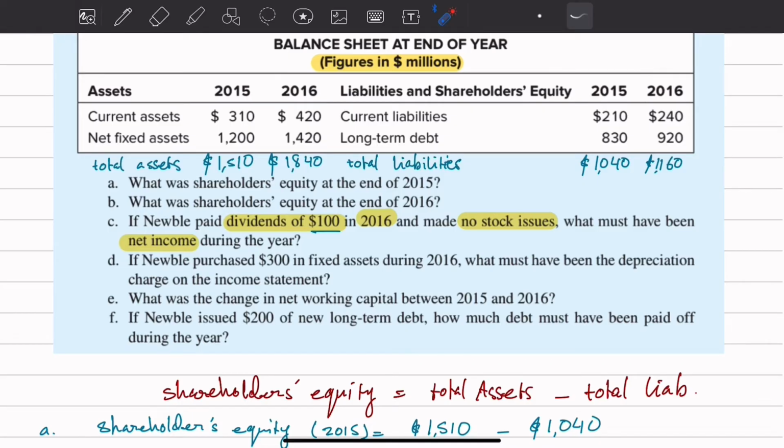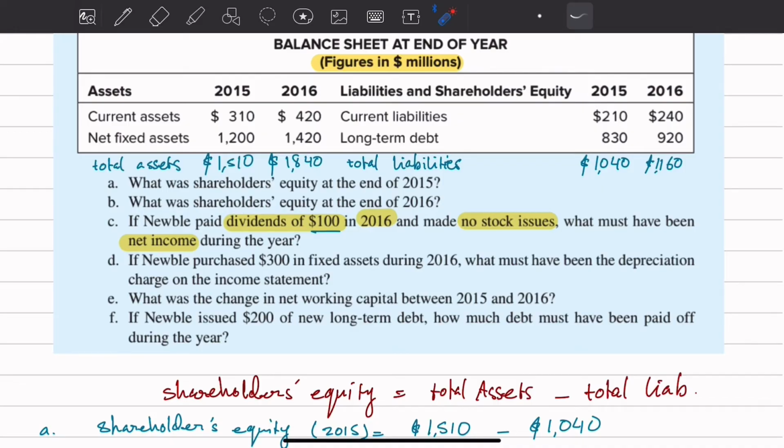Now, how can we figure this out? We can figure this out by the change in fixed assets. Here we have net fixed assets that have grown from 1,200 to 1,420. So that's an increase of 220.